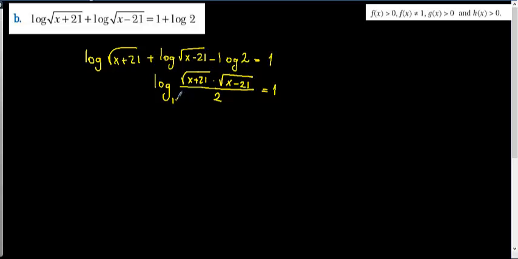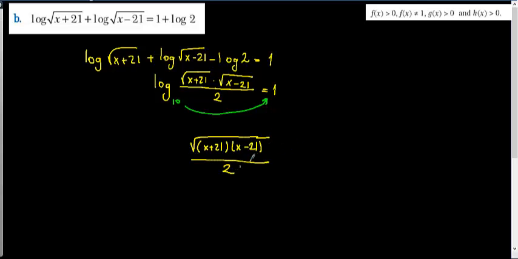Here we know that the logarithmic base is 10, and that's why I'm going to write it as the base of the exponential expression. This is going to come to this side, and it's going to be like this: root (x plus 21) times (x minus 21) over 2 is equal to 10 to the power of 1.